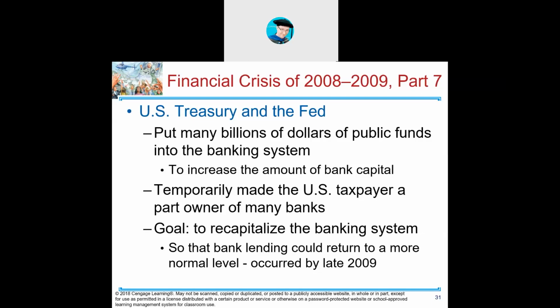They pumped billions of dollars in to get bank capital back up. They helped out the taxpayers and the homeowners and tried to relieve the pressures, and they tried to get things back to a stable situation.